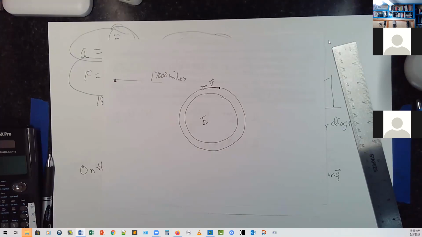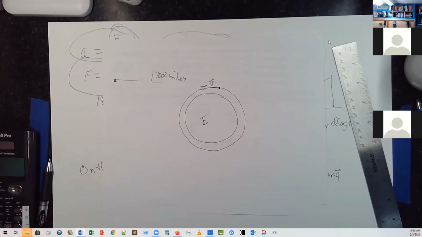And all of a sudden they had to start thinking, well, maybe there's some force that somehow acts through the vacuum of space that makes the Earth travel in a curved path around the sun, or makes the moon travel in a curved path around the Earth. And this was a hard thing to come up with. And actually, Newton wasn't so crazy about it. In fact, they referred to this idea as a crazy action at a distance.